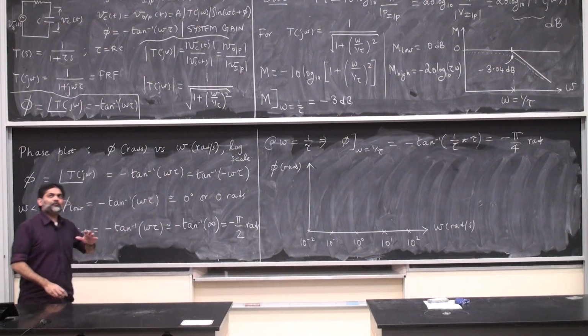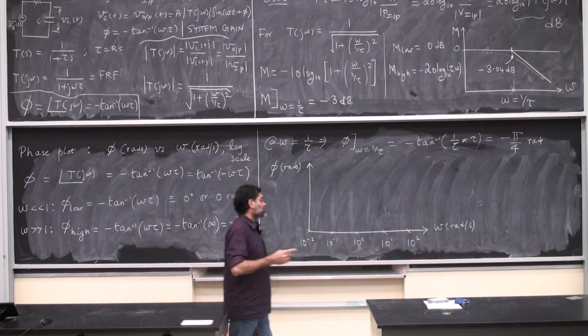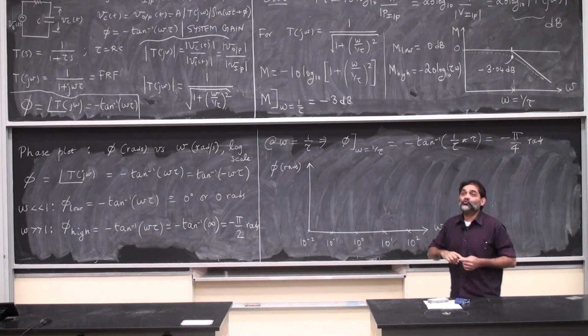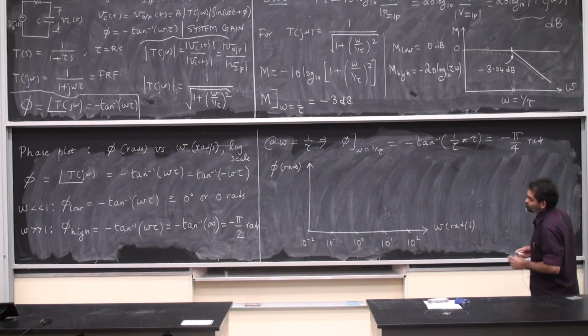And if you have confusions on the log scale versus the linear scale and so on, please look back at the previous lecture notes which were posted on Carmen. I have some very simple and silly examples which are kind of enlightening as well.